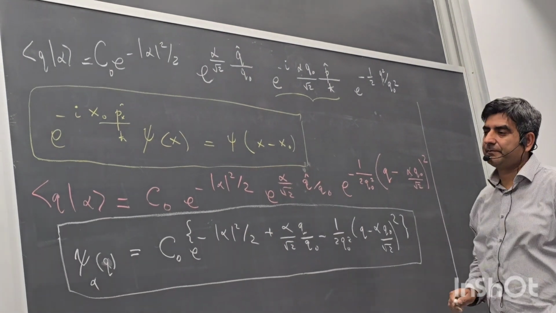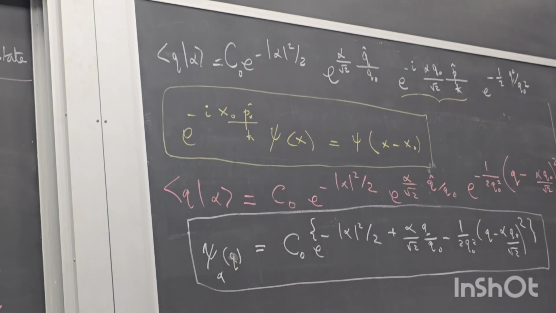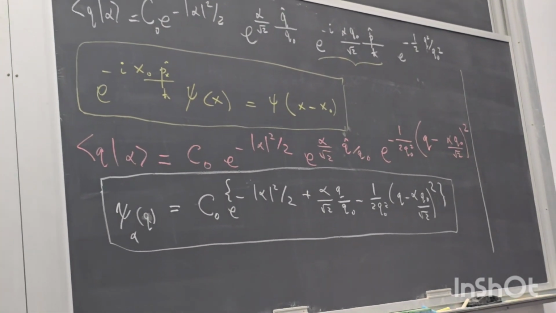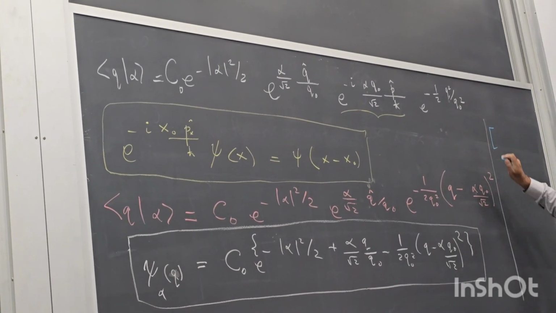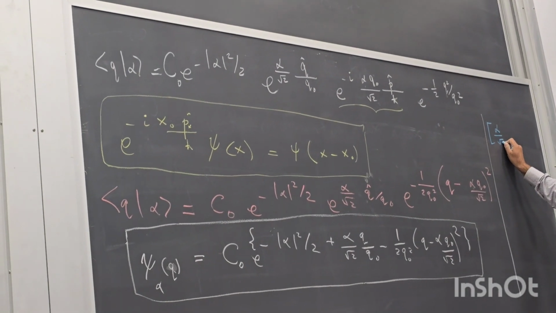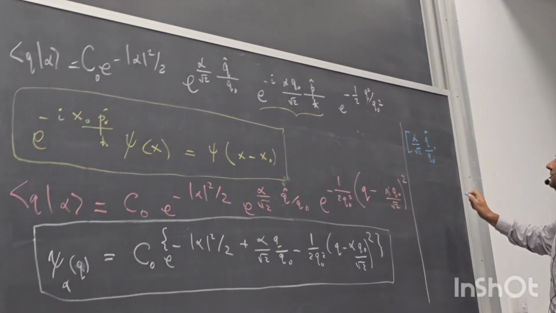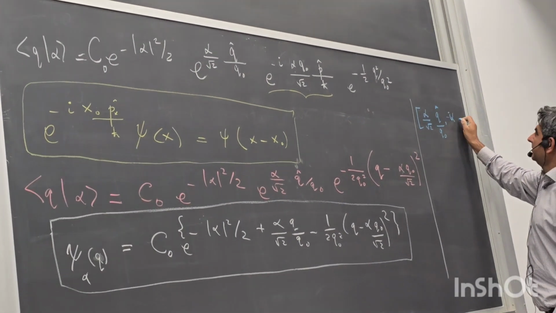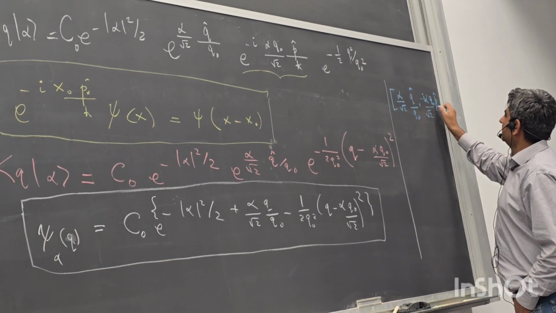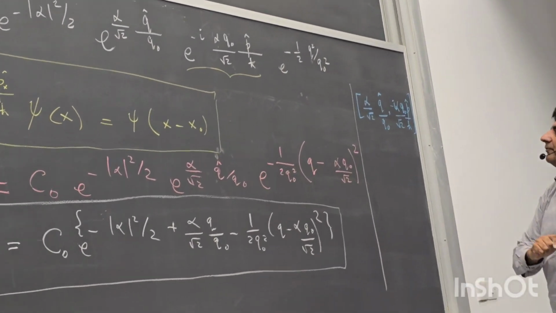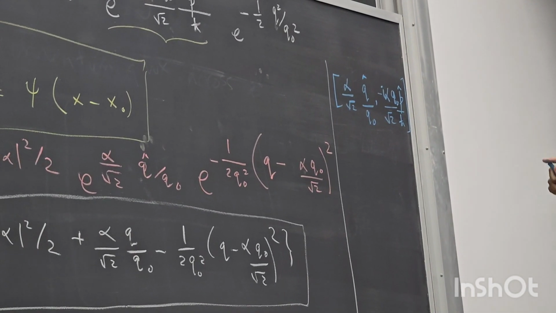let's find the commutator of this factor with this factor. Thank you, Dr. Nanika. So if I take the commutator of alpha over under root 2 q over q naught, with minus i alpha q naught over under root 2 p over h bar, I need to find this commutator, and then give it a minus sign divided by 2. That factor is also going to come out.